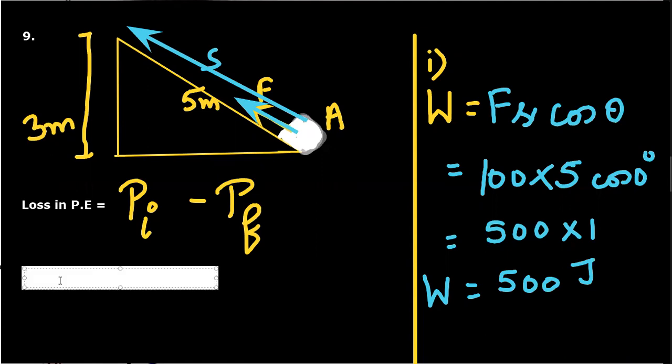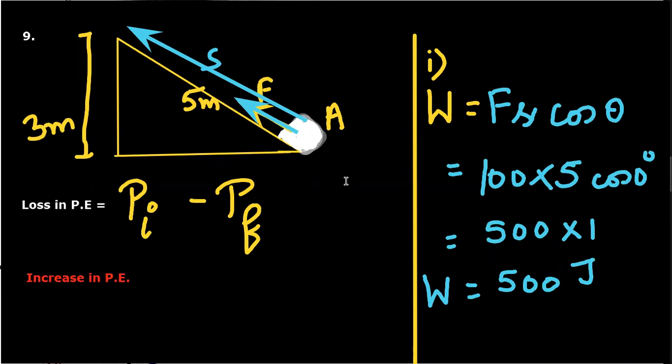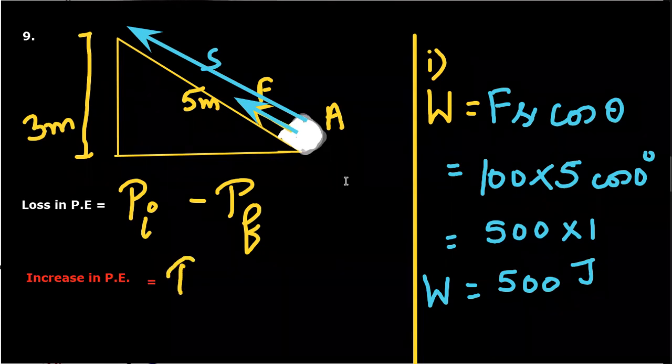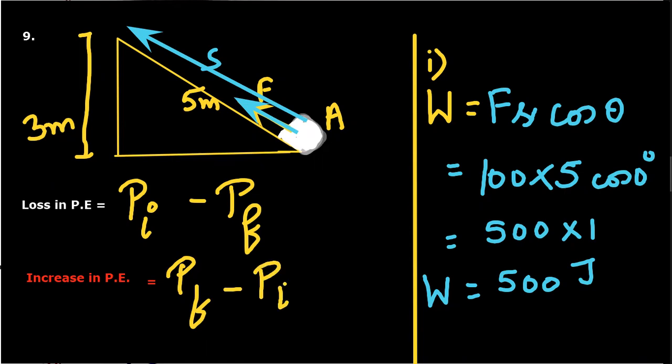So let's write down increase in potential energy. So increase in potential energy will be equal to, if you write down increase, it will be final potential energy minus initial potential energy. Loss means decrease.